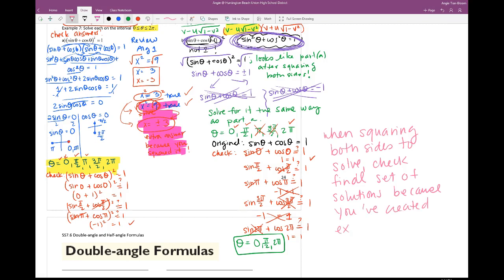Because you square both sides, now you have created extras. That means you need to test which of the extra ones don't belong in the original. All right, so this is the end of our 7.5, yay!